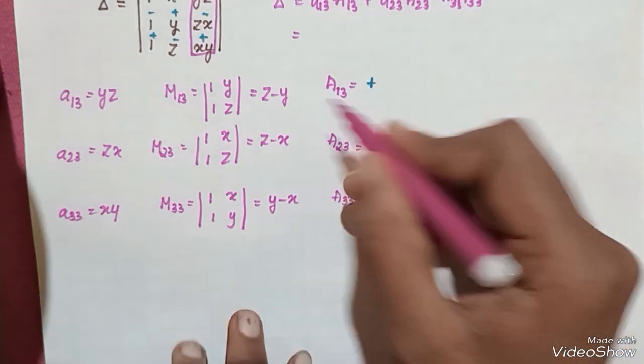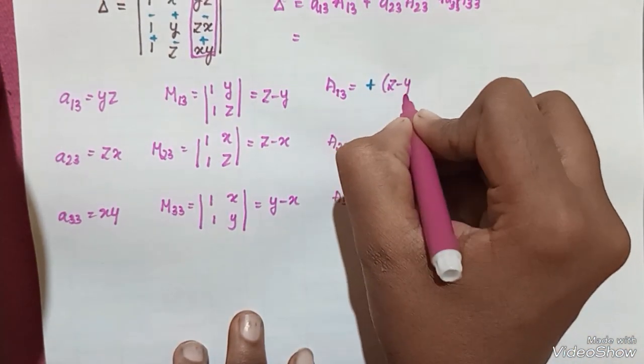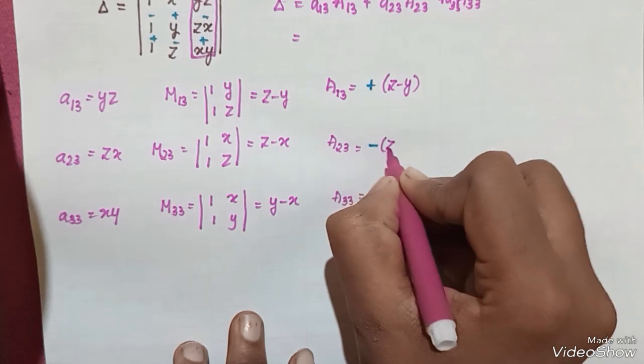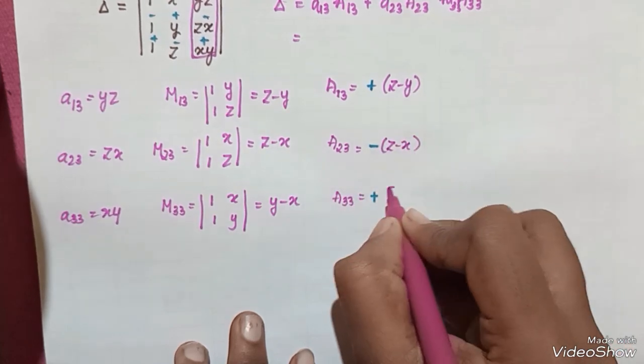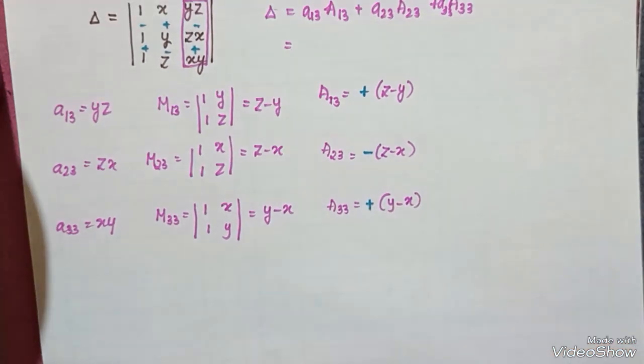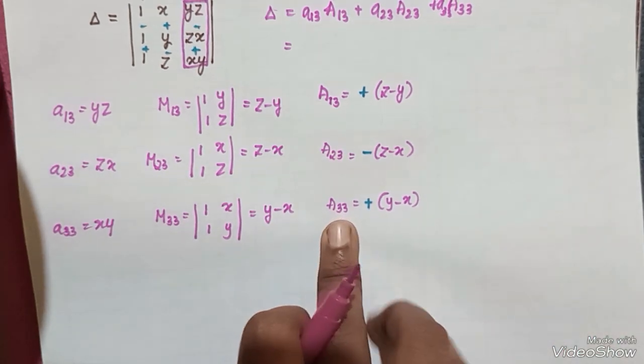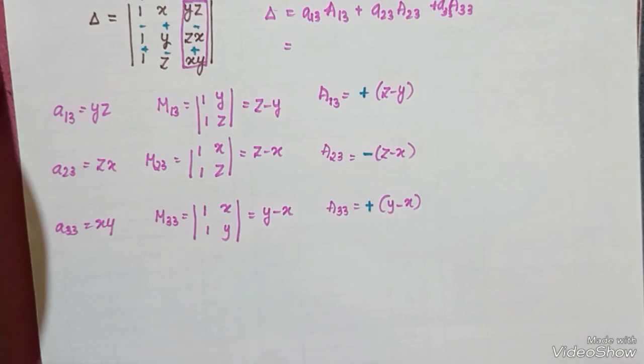Then we multiply the minors, that is z minus y, z minus x, and y minus x. This is the cofactor of the 1 3 element, the cofactor of the second row third column element, as well as the cofactor of the element xy, which is y minus x.